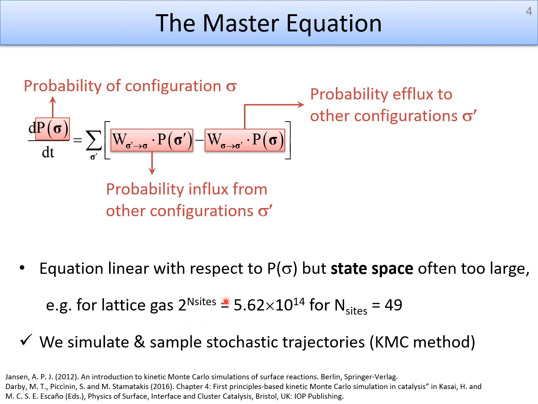So the number of possible states that we can have is 2 to the n sites, which is already 5.6 times 10 to the 14. So this is quite a large number of possible states, possible configurations.